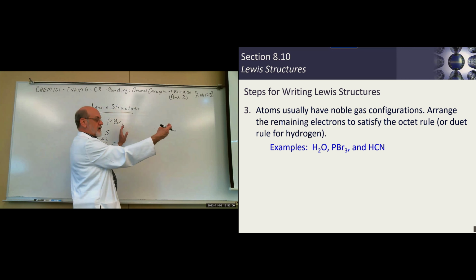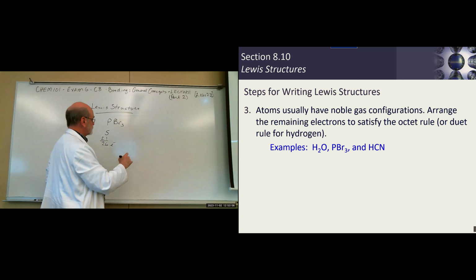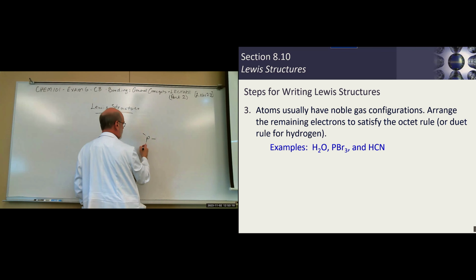Bromine's over here, phosphorus is to the left and down 1. Phosphorus would be your central atom based upon that logic. So we put phosphorus there, and Br, Br, Br around it. So we have 2, 4, 6 electrons that have been used to make those bonds. So we say minus 6, we have 20 electrons left.